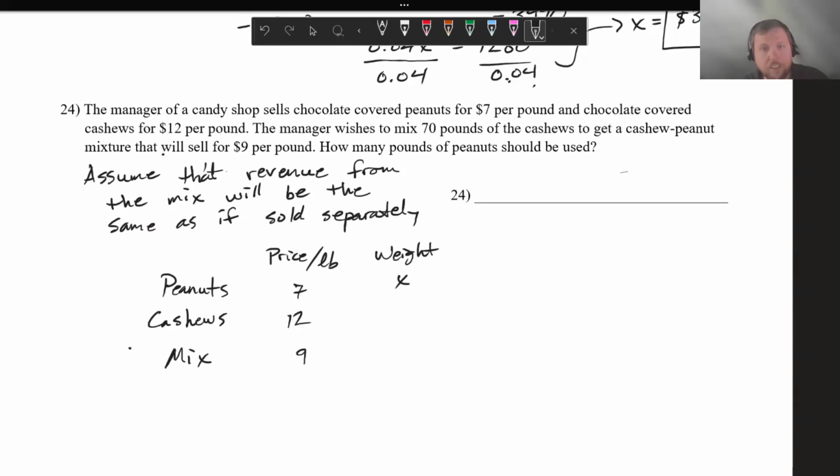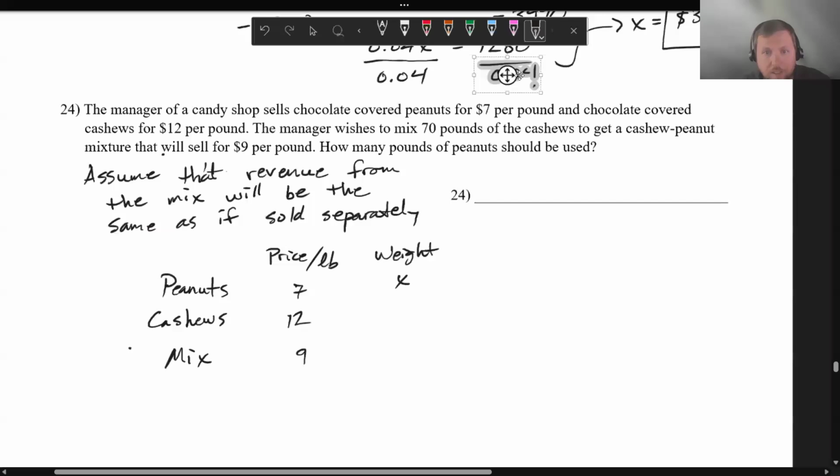My cursor's going crazy here. Okay, so then our mix is going to have a weight of X plus 70.